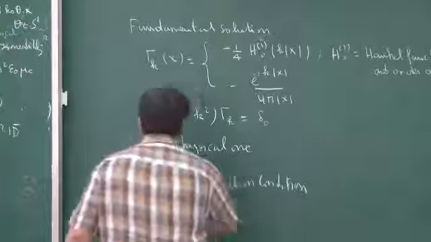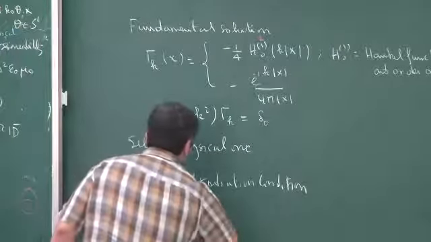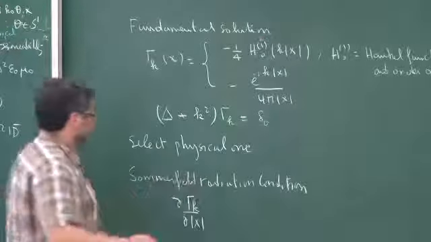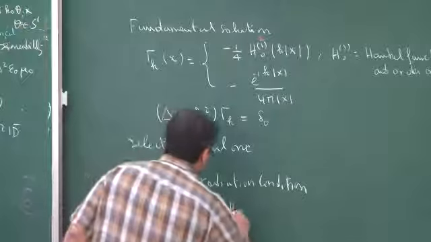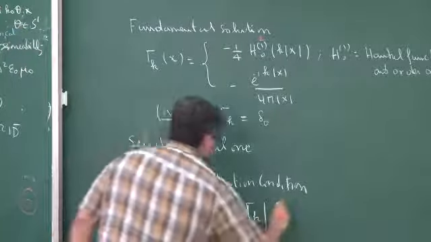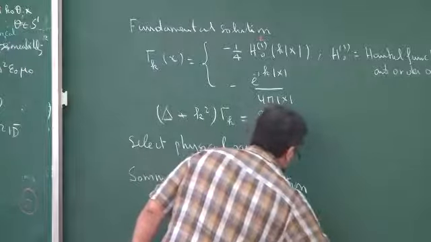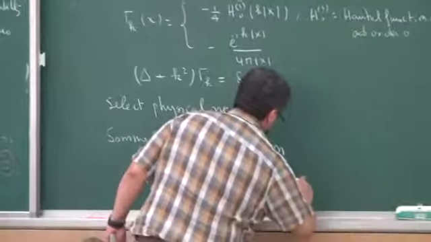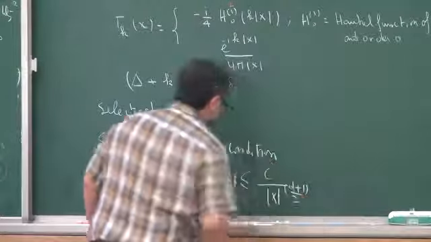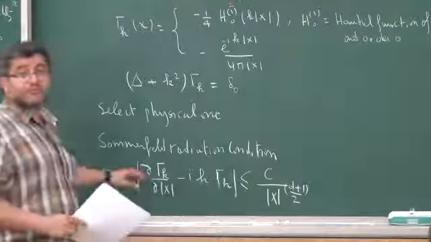So we impose that the derivative with respect to r minus i k gamma k behaves like some constant times x to the power of minus (d plus 1) over 2, where d is the dimension of space.